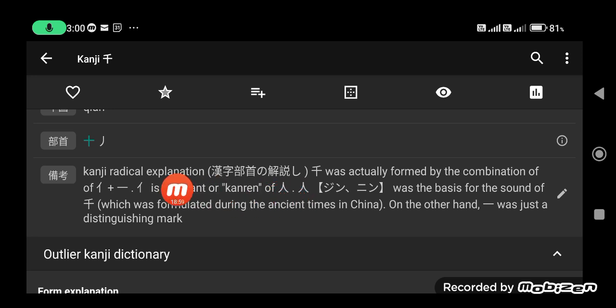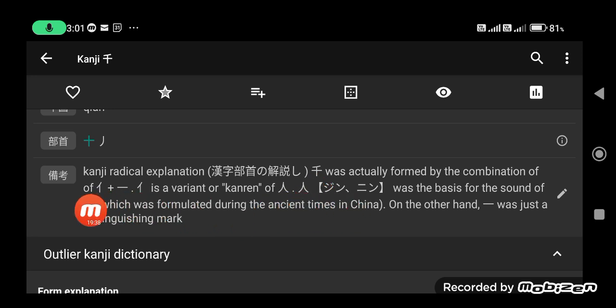So kanji radical explanation. The chi, or 1000, or sen, was actually formed by the combination of this radical for human, a kanren, or a variant radical for human, plus ichi. When you combine the radical for human plus ichi, it makes 1000.